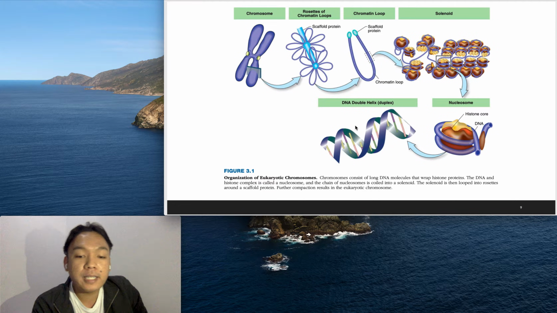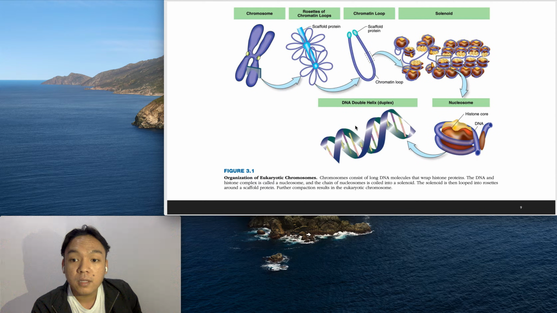So this is the organization of your eukaryotic chromosome. We'll start with the basics. Below we have the DNA duplex, and then it coils around the nucleosome. We call that the histone core in the middle, the proteins, and then it will become a solenoid.